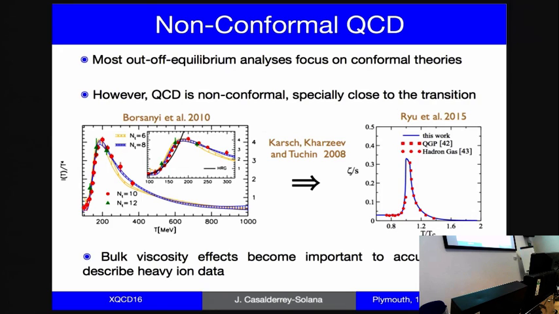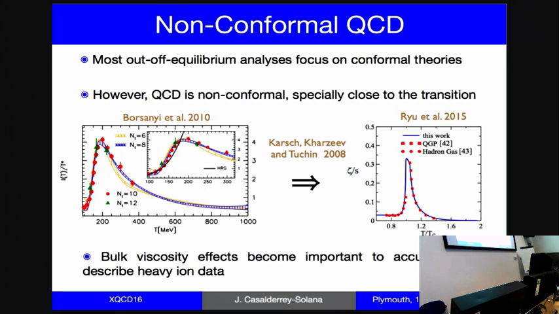There is a large change in the interaction measure, and because of the work of the gentleman, we also know that this implies there must be an increase in the bulk viscosity around the phase transition, which was estimated by these people to be given by these points, which later these authors interpolated between the high temperature behavior and the hadron gas.